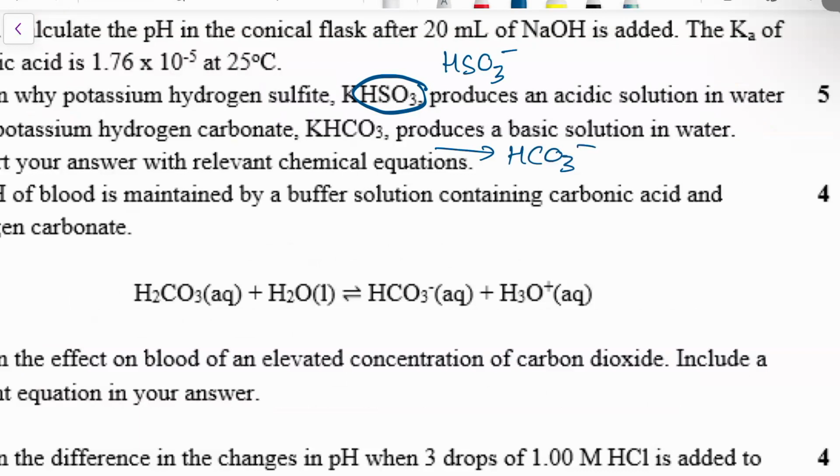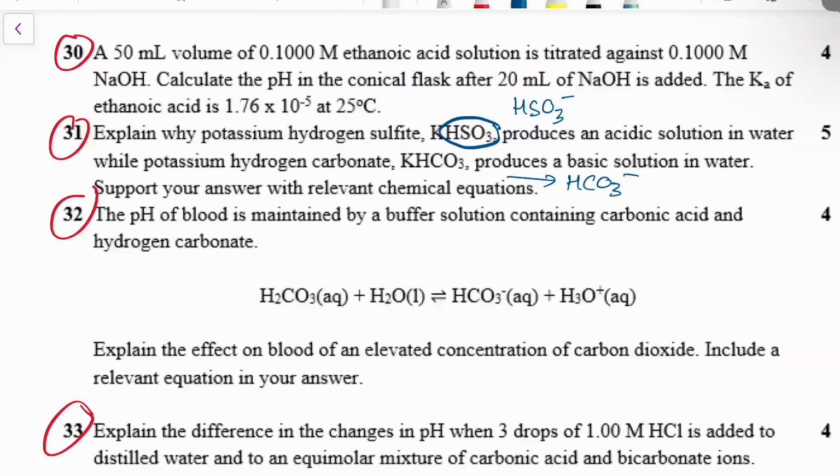And then when you look at the formula, they each have a proton, which means they can both give away protons to water. So then it makes sense that HSO3 minus is acidic. It gives away protons, it turns into H3O plus. But then that doesn't explain why HCO3 minus is basic.